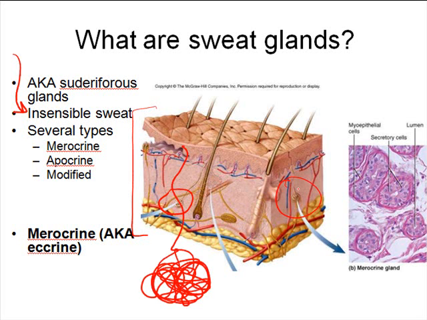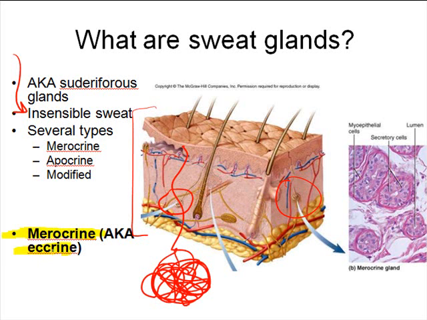And there are different types of sweat glands depending on the kinds of substances that they actually release. There are what are called merocrine sweat glands, and I'm going to talk about those first. And then in a couple slides, I'll talk about what are called apocrine sweat glands, and then I'll talk about some other modified types of sweat glands. So merocrine sweat glands are the ones I want to discuss first.